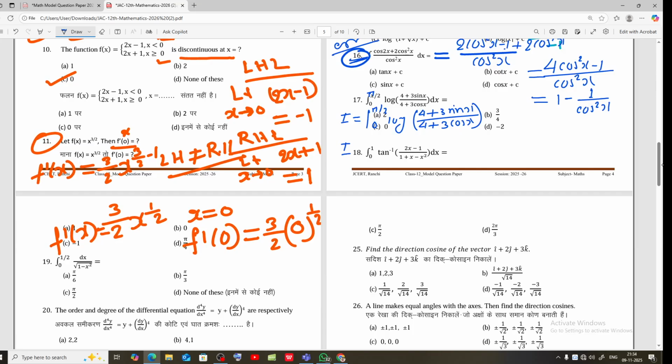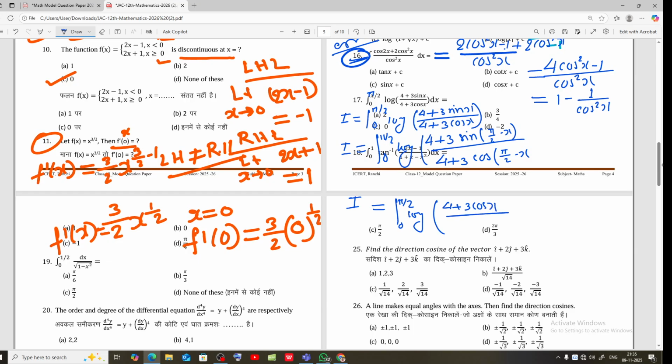Now it can be changed: I equals the integral from 0 to pi by 2 of log of 4 plus 3 sin of pi by 2 minus x, divided by 4 plus 3 cos of pi by 2 minus x. This gives I equals the integral from 0 to pi by 2 of log of 4 plus 3 cos x divided by 4 plus 3 sin x.